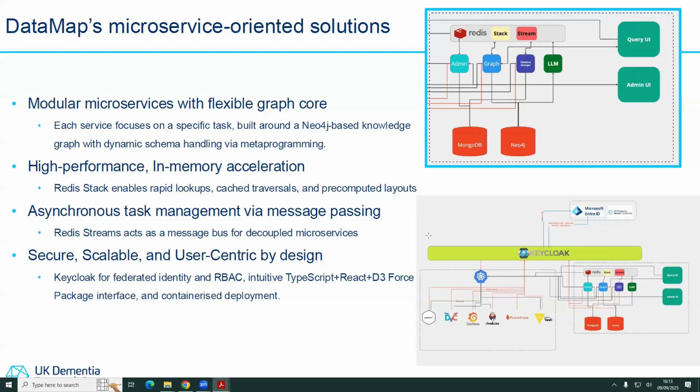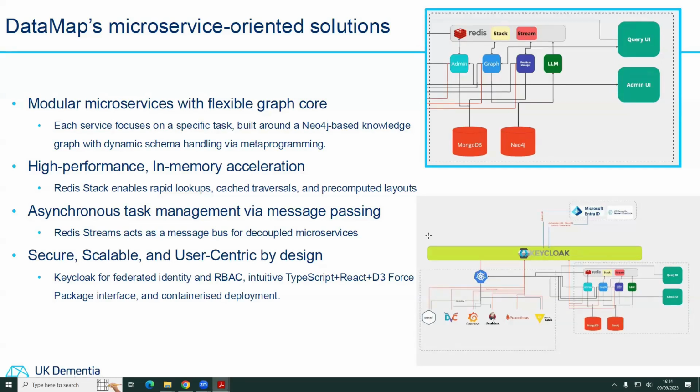For speed, we introduce in-memory acceleration with Redis Stack. It gives us rapid lookups, cached traversals, and pre-computed loads, which is amazing. We could resolve the first challenge that we had with graph performance at scale using Redis Stack.